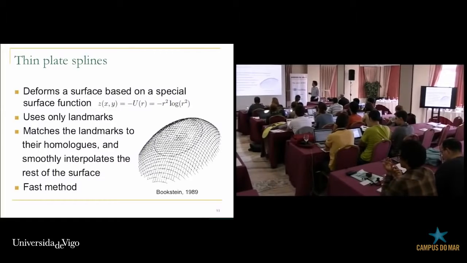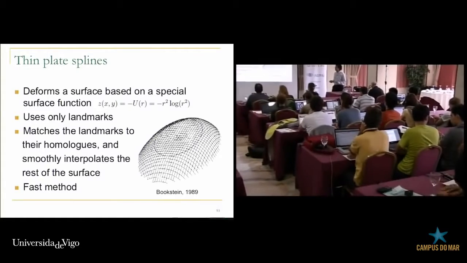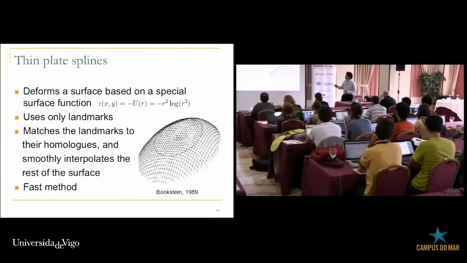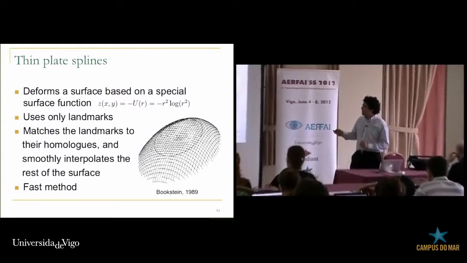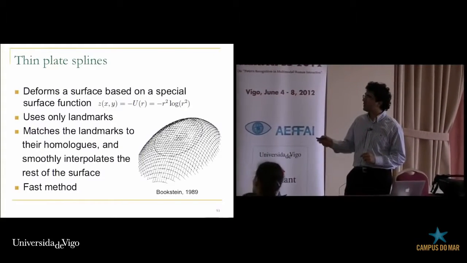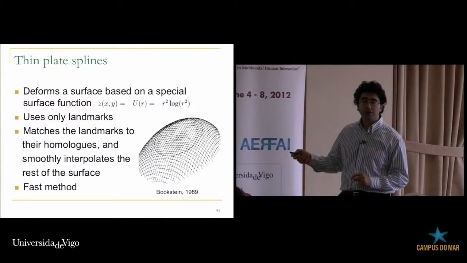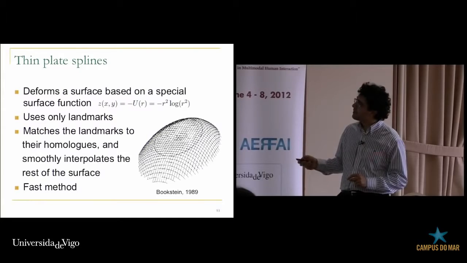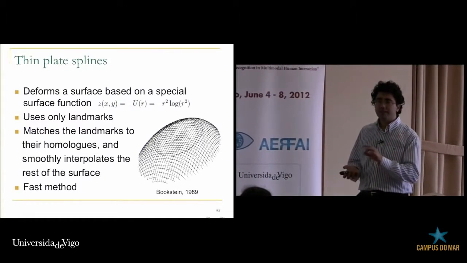Now the thin plate spline, as opposed to ICP, deforms the surface. And the way it is defined is it uses this special surface function, which is depicted here. R here is the distance to the origin. So I give you an XY coordinate, but you take the distance to the origin, which is here. It's like a dent in a thin plate, right?